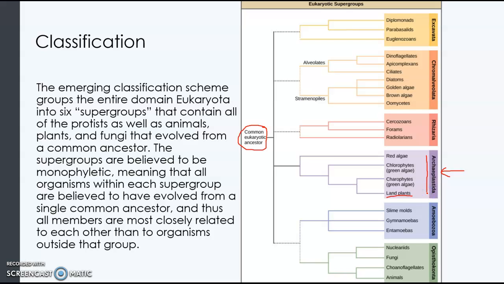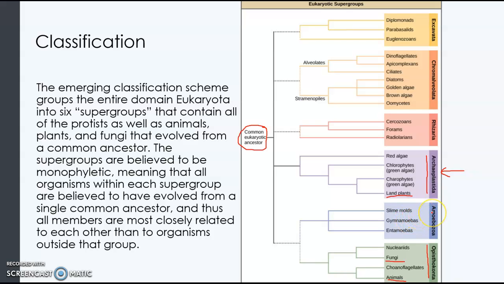Then we have the supergroup Opisthokonta, which contains fungi and animals, which are not protists, but the supergroup also contains choanoflagellates and nucleariids. And the rest of them only contain members of the kingdom Protist.